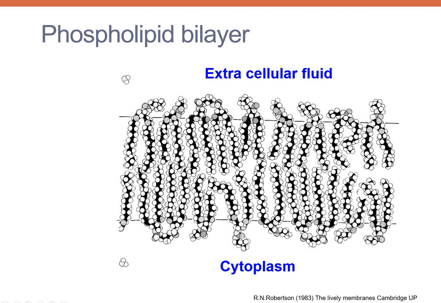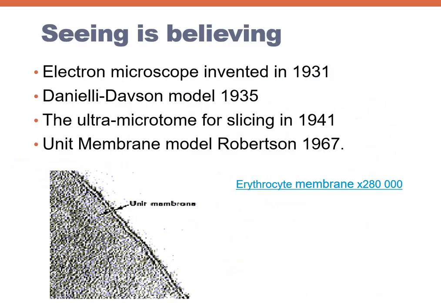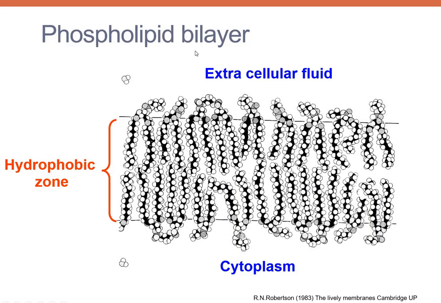So the tails that we have in these phospholipids, the black portions are the tails, don't want to be in contact with water. For this reason, the hydrophobic zone is enclosed inside, while the hydrophilic heads protect it from outside.